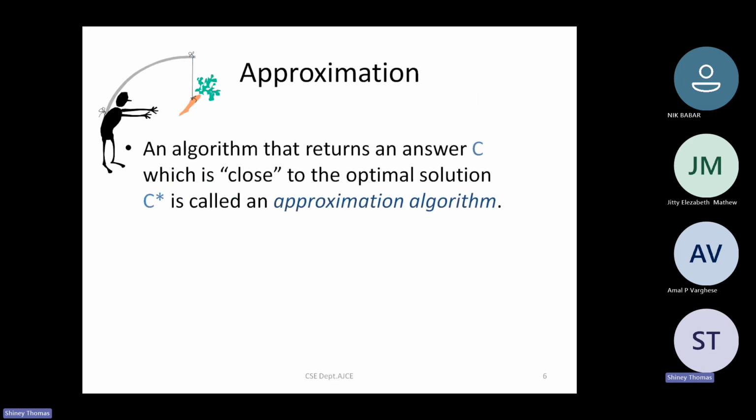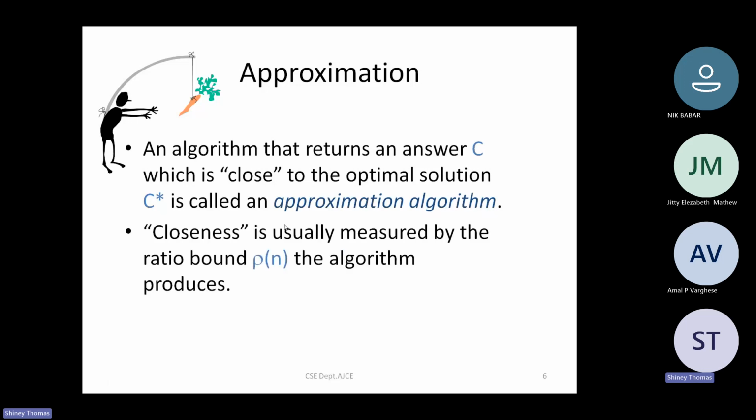So what is an approximation algorithm? Suppose that you have C star as an optimal solution. What is an optimal solution? The perfect solution. Okay, C star. And C is an approximate solution. Got it? So C star is the optimal solution and C is the approximate solution. An algorithm that returns an answer C, which is close enough to the optimal solution C star, is called an approximation algorithm.